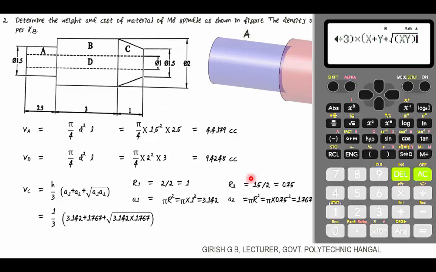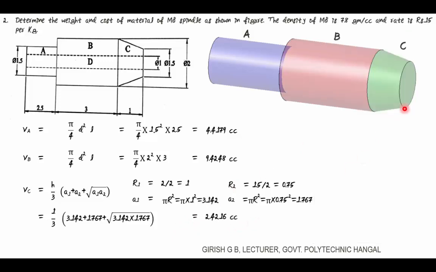Coming to the right side, again bracket close, which will be equal to. Let's store this value to C, which is the volume of C, that is 2.4216 cc or cubic centimeter.